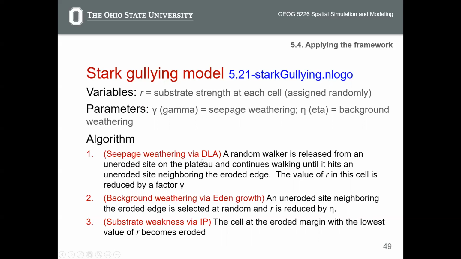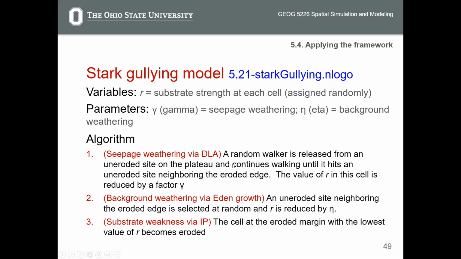Seepage weathering through DLA: a random walker is released from an uneroded or unoccupied site on the ground, on the plateau, and continues walking until it hits an uneroded site neighboring the eroded edge. The value of R in this cell is reduced by a factor gamma.